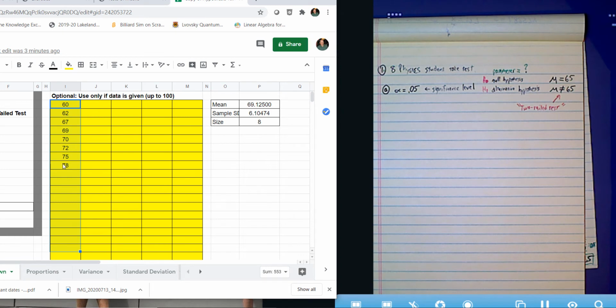But let's suppose I had a different set of data. Suppose you saw this for the scores. Right? And your sample mean was 95.5. And what if I told you that these students were randomly selected, but that the mean is 65?